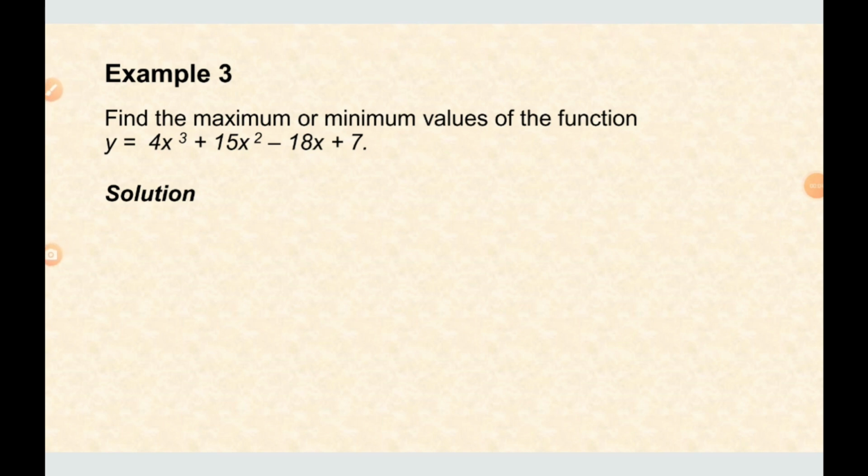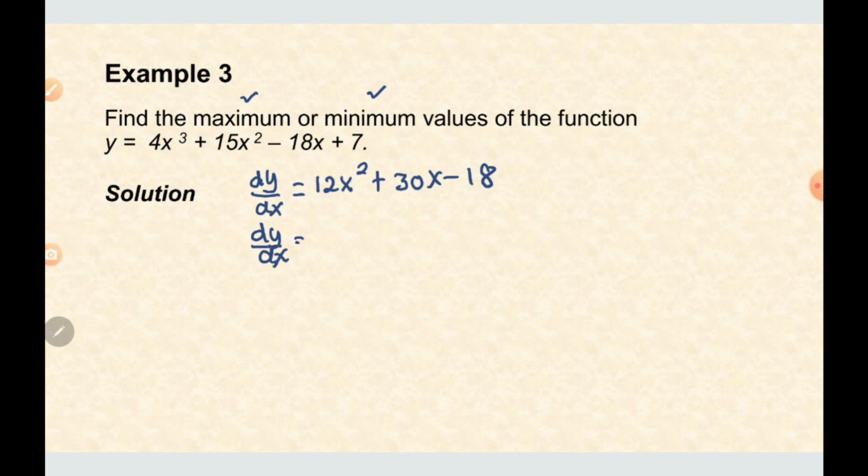Find the maximum or minimum values of the function y equals 4x cubed plus 15x squared minus 18x plus 7. To find the maximum or minimum values of the function, we need to find dy/dx first. So dy/dx equals 12x squared plus 30x minus 18. To get a maximum or minimum, dy/dx must equal 0, or we can call this a stationary point.